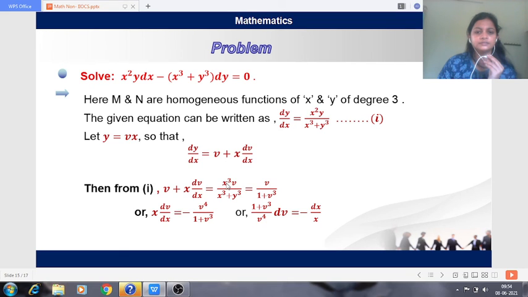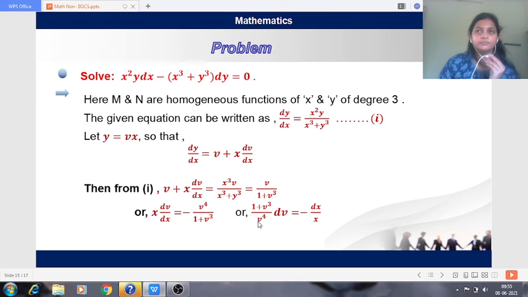As here is x³, after putting the value of y we get a term x³ here too. So x³ divided by x³ is equal to 1, and we get v divided by 1 plus v³. Now, from the first and third, we get x dv/dx equals minus v to the power 4 divided by 1 plus v³.